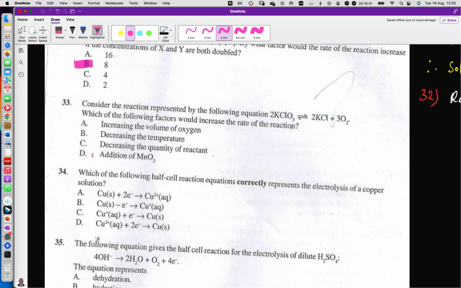If we add it, it is going to increase the rate of a reaction, but it will not be used up, because at the end of the reaction it is regenerated. So D will be our answer. 33 is D. So manganese(IV) oxide will act as a catalyst for the decomposition.